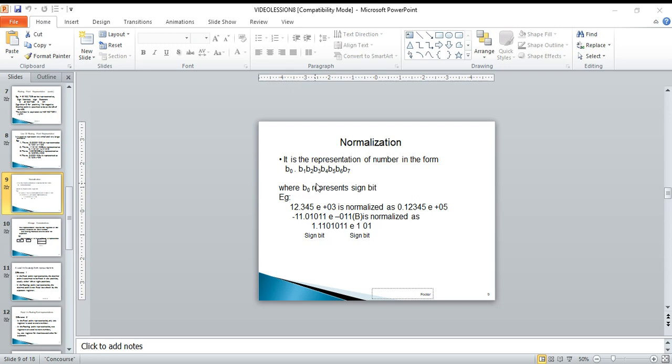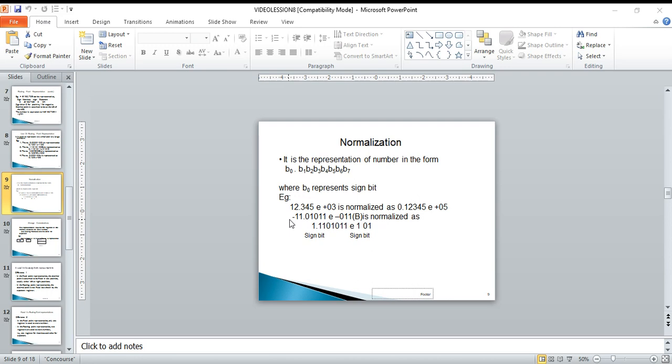As per the normalization form, we have to represent the sign bit. This is a negative number, so take 1 as the sign bit. Then move this binary point towards the right and we get 1.11101011 e to the power of, and this is the 3 value.